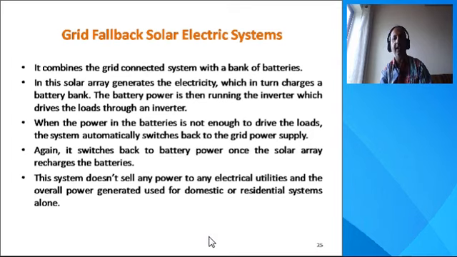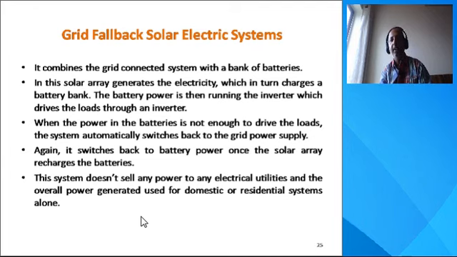Next is the grid fallback solar electric system. In this type of system, a battery bank is connected. It is a combination of a grid connected system with a bank of batteries. The solar array generates the electricity, which in turn charges the battery bank, and battery power then runs the inverter, which drives the load.